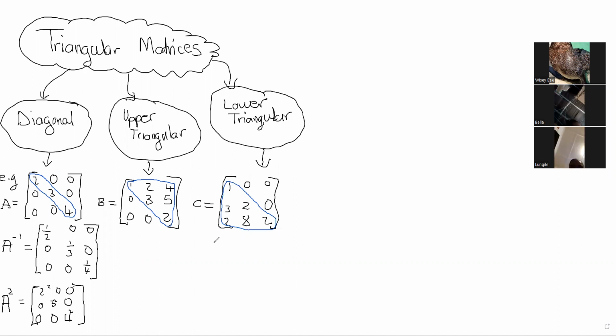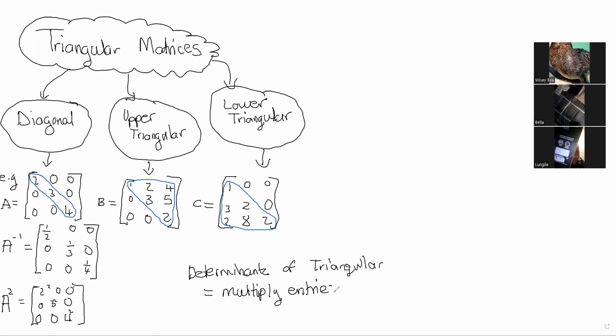So the determinant of a triangular matrix is equal to multiplying the entries of the main diagonal.